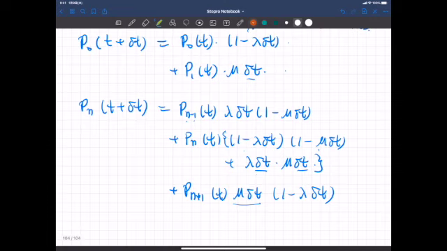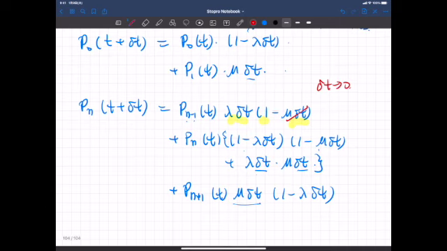If you expand this times this and this, there will be delta t squared. Compared to delta t, squared is very small, and if we take the limit of delta t going to 0, then the terms involving delta t squared will vanish. So we can actually ignore this term.